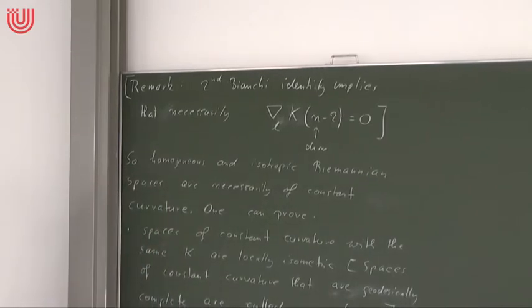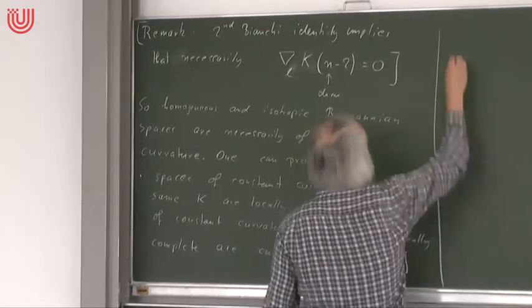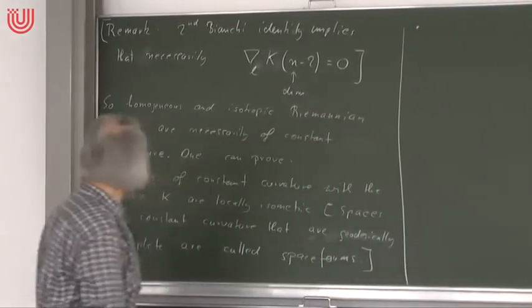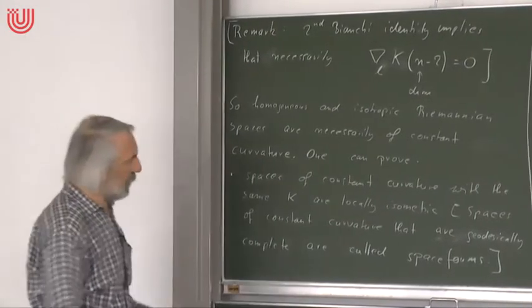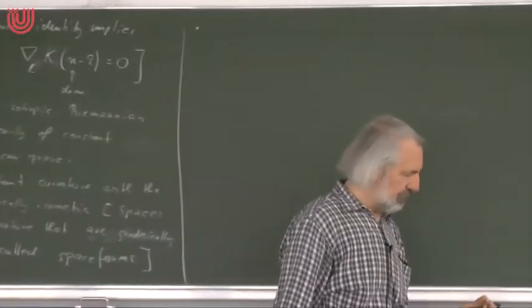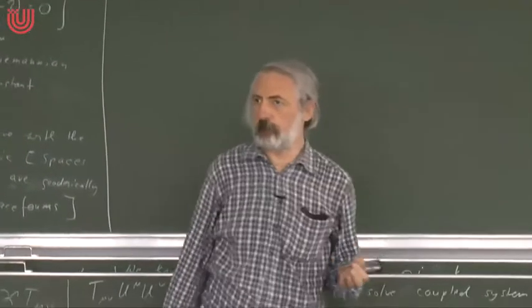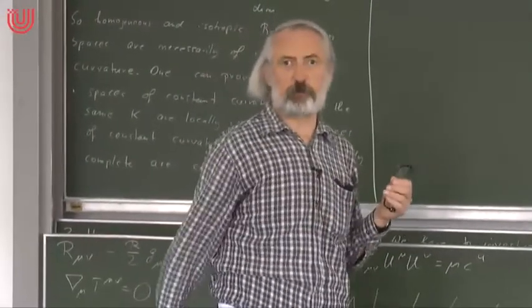So the second thing, which I will also not prove, is that they have the maximal symmetry a space can have. So what does that mean? What do we mean by a symmetry? You remember Schwarzschild spacetime. In Schwarzschild spacetime, the metric coefficients are independent of t.